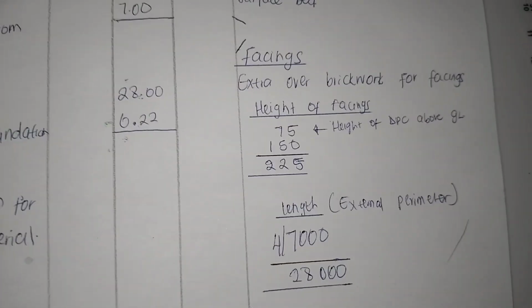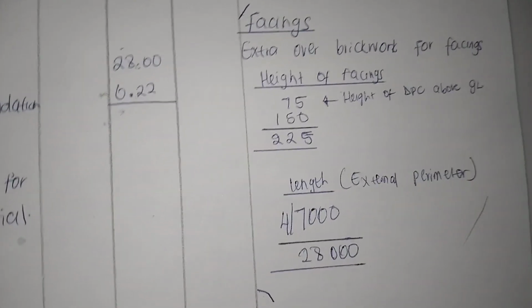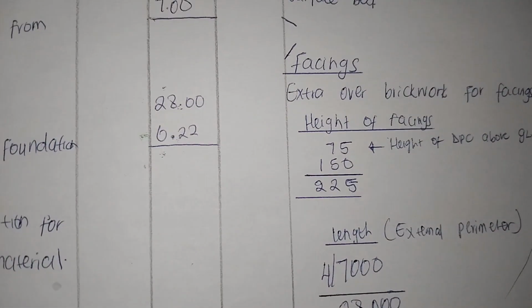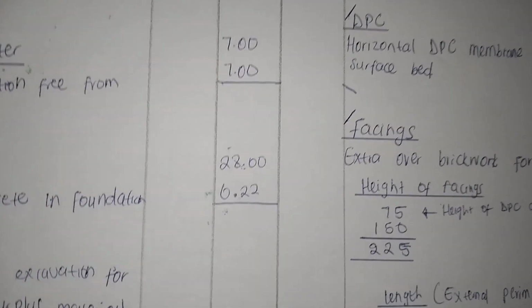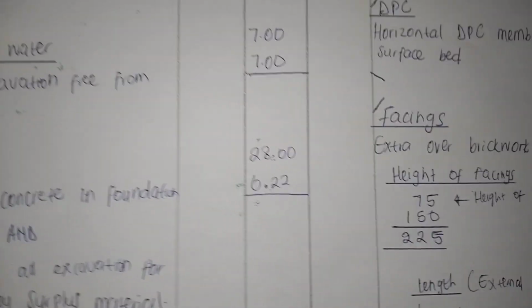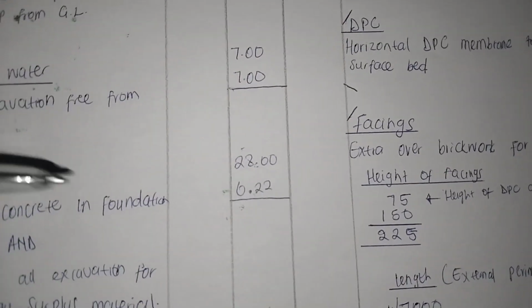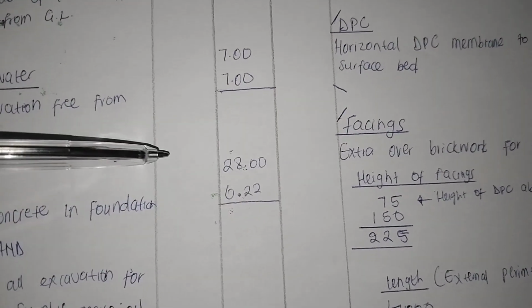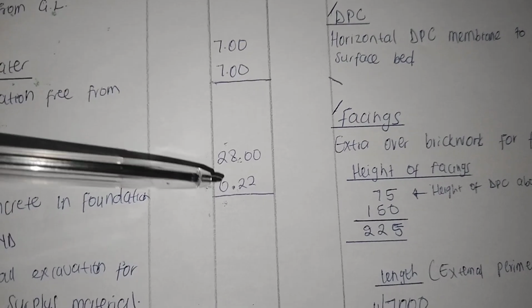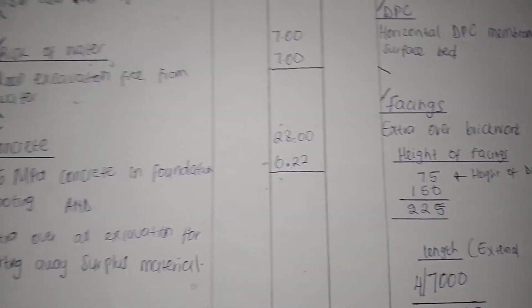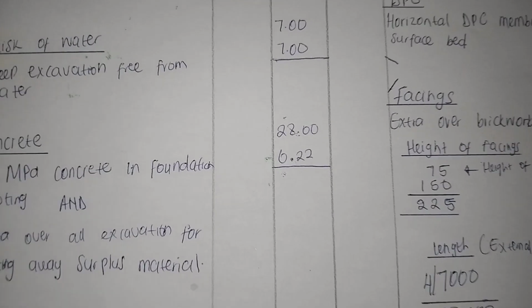So I just did 4 by 7,000 to save space and time. So you get 28,000. 28,000 divided by 1,000 is going to be 28, which you see right there. And then for this one, you're going to have 0, that's not a 6. Sorry, that's not a 6. It's a 0,22. So now let's come to abstraction.